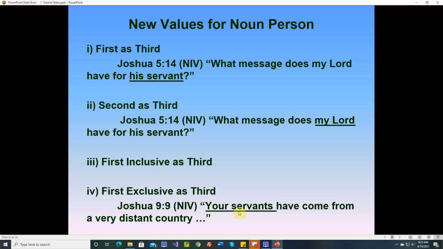And so these men say, "Your servants have come from a very distant country." Normally we would say, "We have come from a very distant country." But these people are being humble, so they refer to themselves in third person. So this would be first person exclusive as third person. So servants would be marked as first exclusive as third.